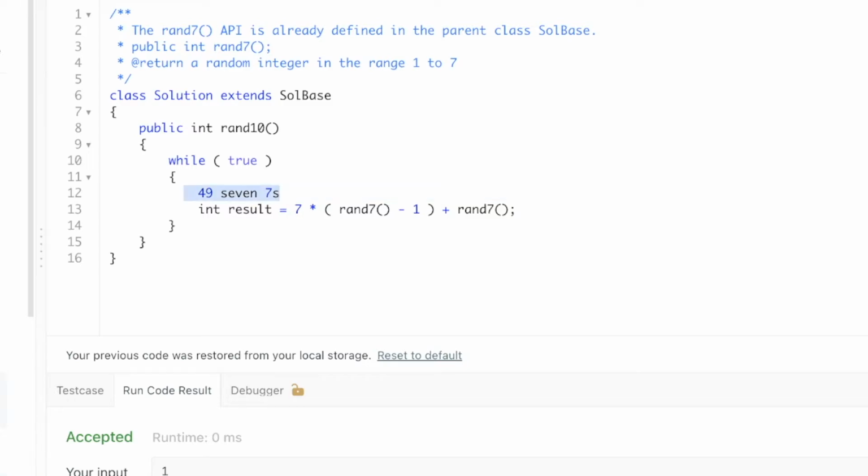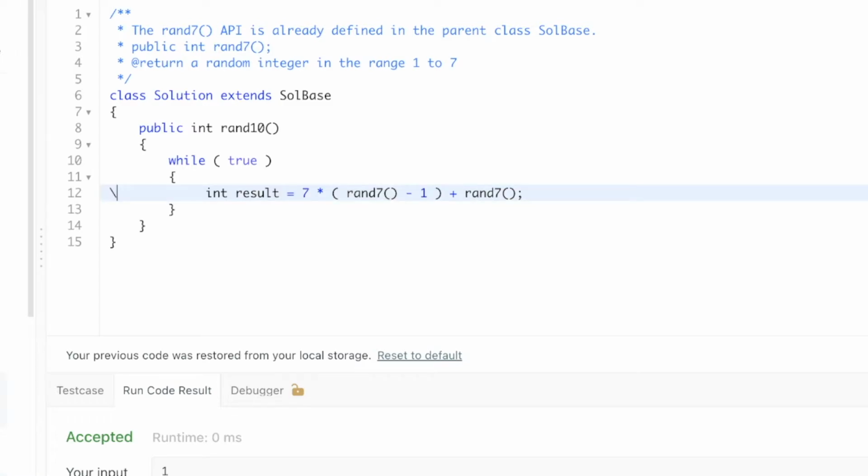I'm saying, use the first Rand call to give me 0 to 6 sevens, so some number between 0 and 42. Then I make one more call to Rand to give me that 7th seven. That's how I think about it. So let's keep going.